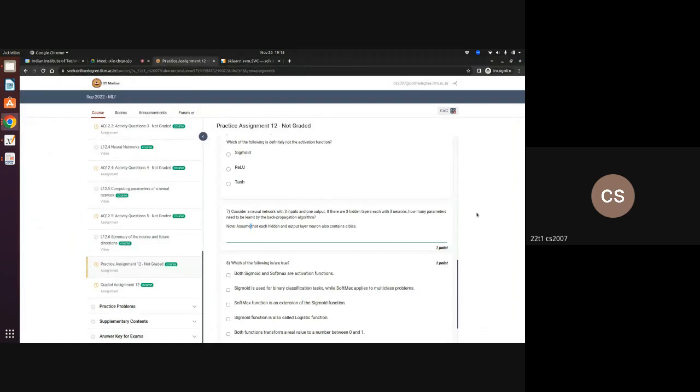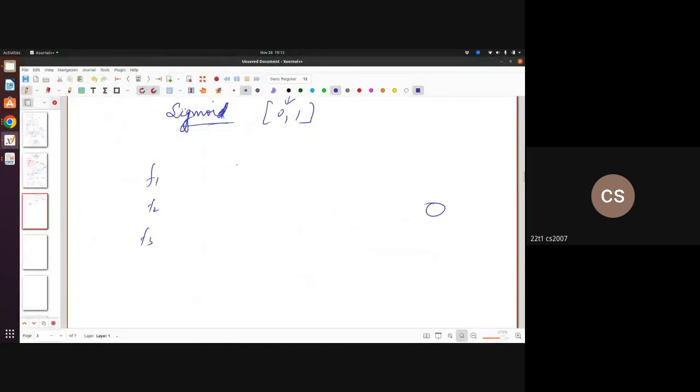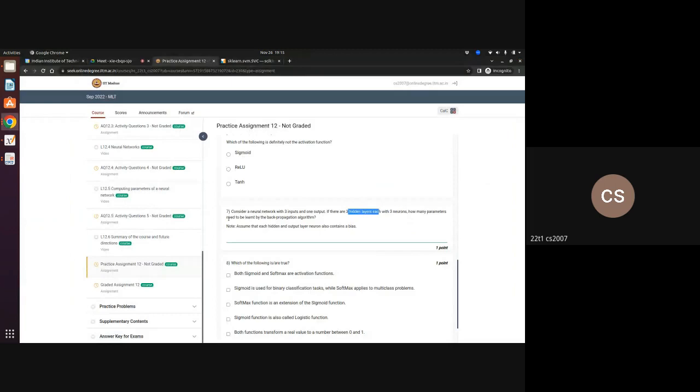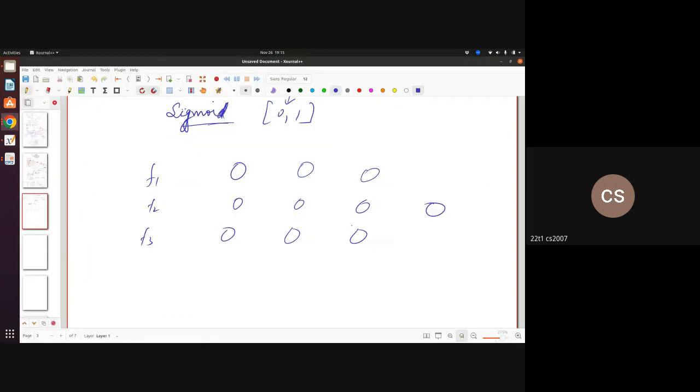One output. There are 3 hidden layers, each with 3 neurons: 1, 2, 3, 1, 2, 3, 1, 2, 3. Each neuron has a bias also.